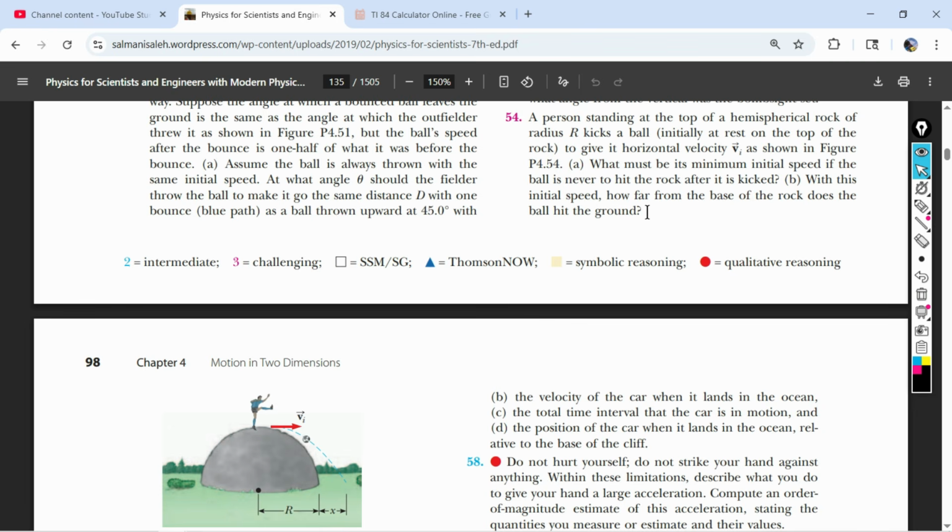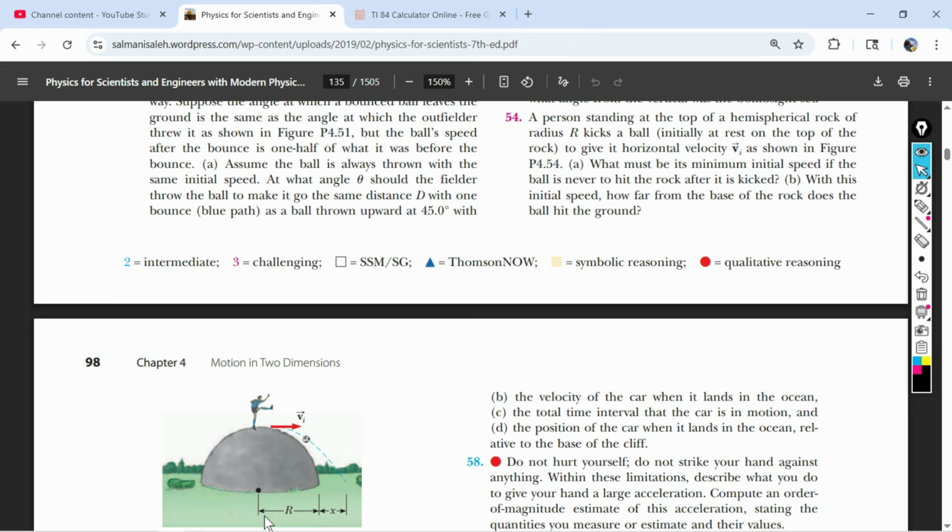So with this initial speed, if we figure out what that speed is so that it doesn't hit the rock, how far away from the rock does it land? My question was, what if it doesn't hit the rock and it lands right there? Is that possible? We're going to look into that. But obviously not.